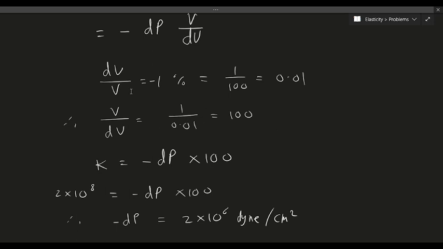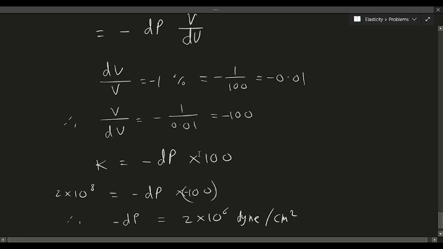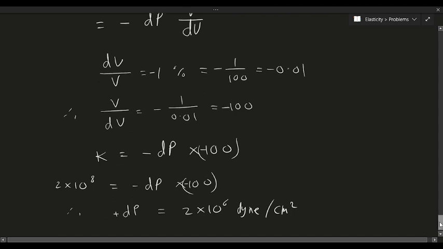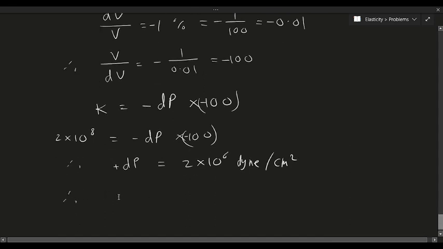So the increase in volume will have a negative numerical value. So we write a negative sign, and then here also comes a negative sign, and then negative negative simply cancels, and we have a positive sign here. So finally we have dP equal to 2 into 10 raised to 6 dyne per centimeter square.